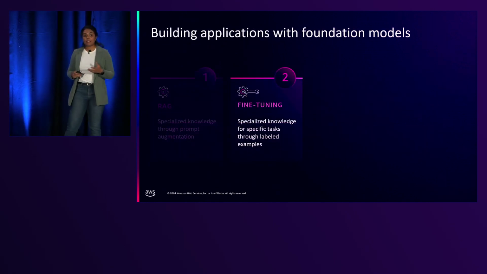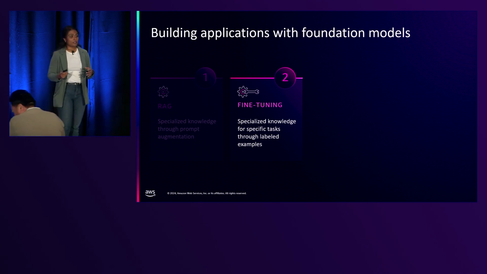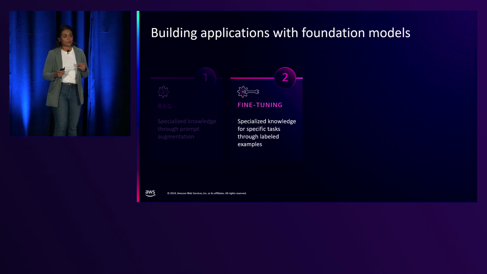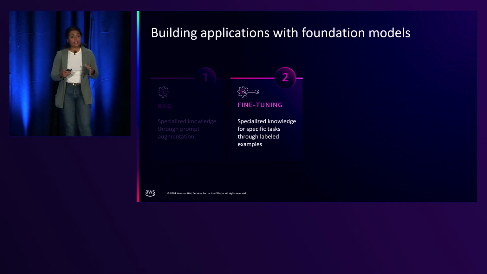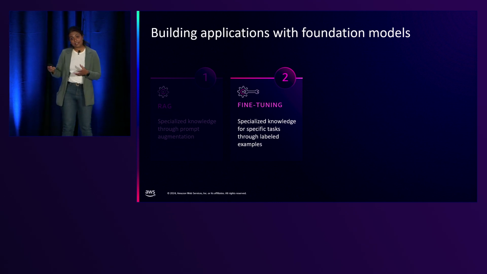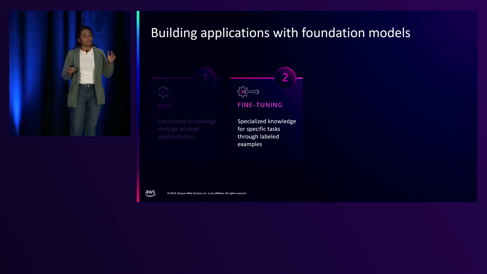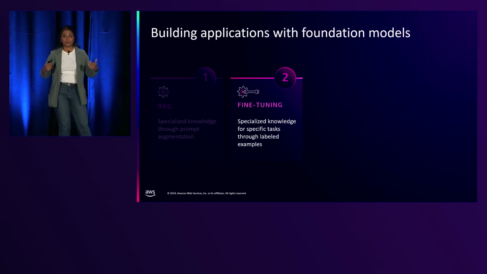Coming back to this slide and talking about another approach of reusing an existing foundation model, we're going to talk about fine-tuning. It's a little bit more complex than RAG. Now, with fine-tuning, you're adapting the model to perform special tasks that were not covered in the pre-training process. This reduces training time, improves model accuracy, and allows for customization.